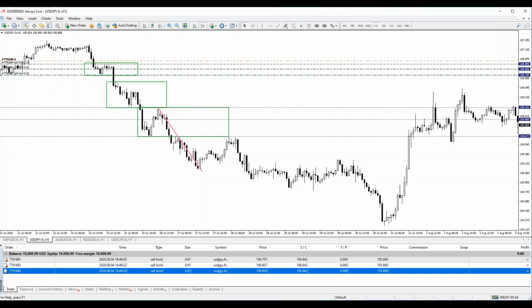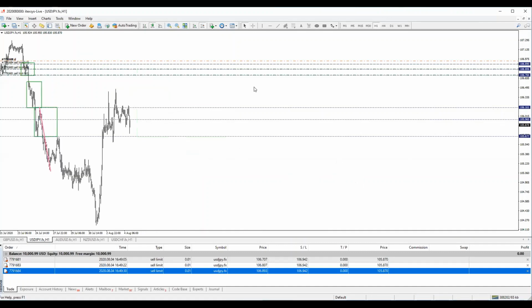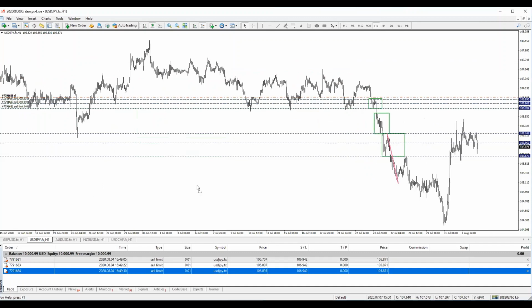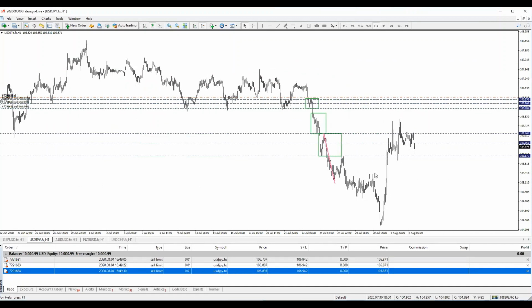So when you have an incomplete flag, you see here we have a pole coming from here, and we have a descending flag right here, but it's never going to break that level, and it continues up.